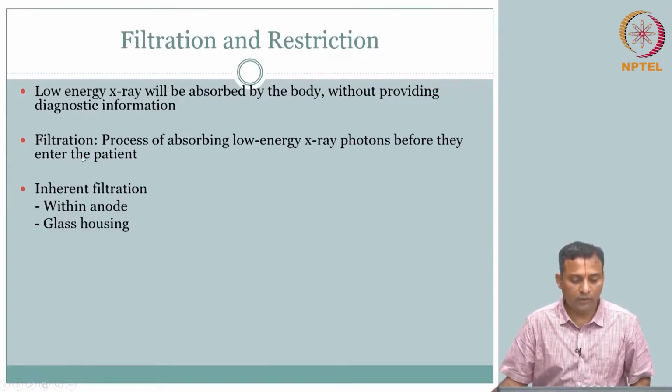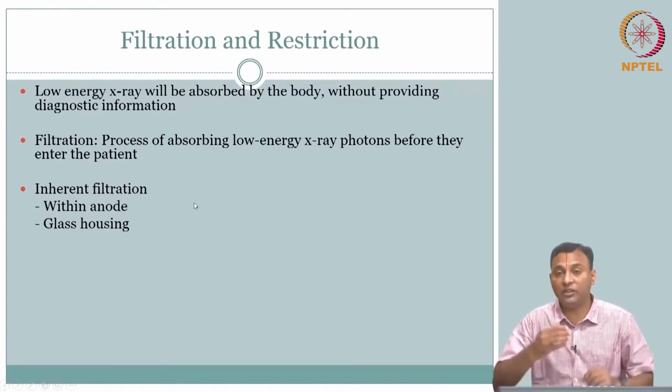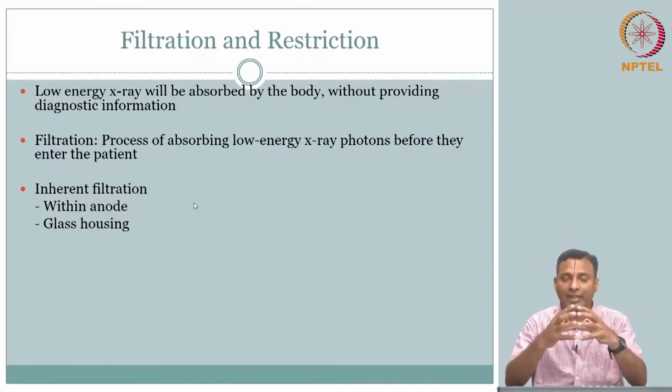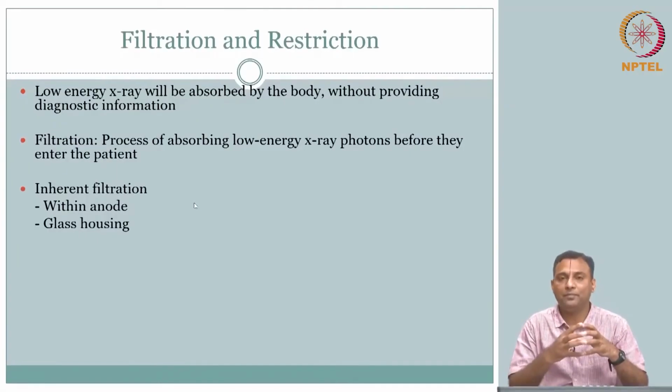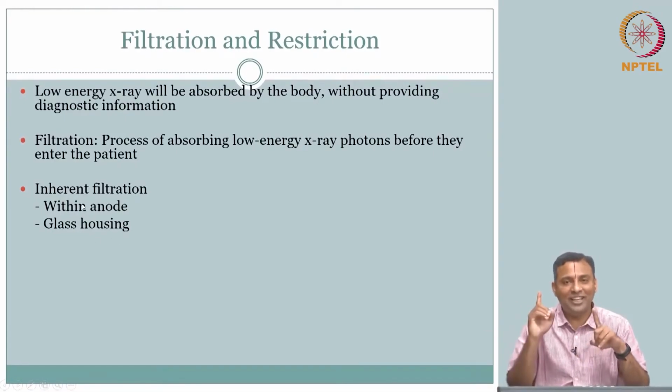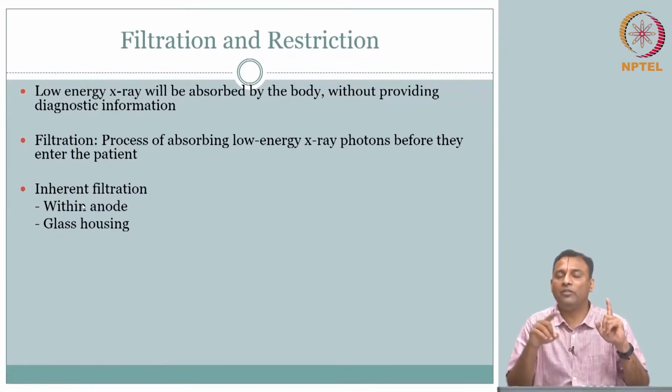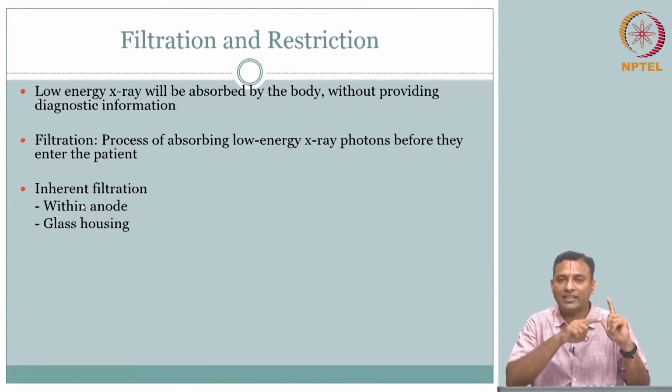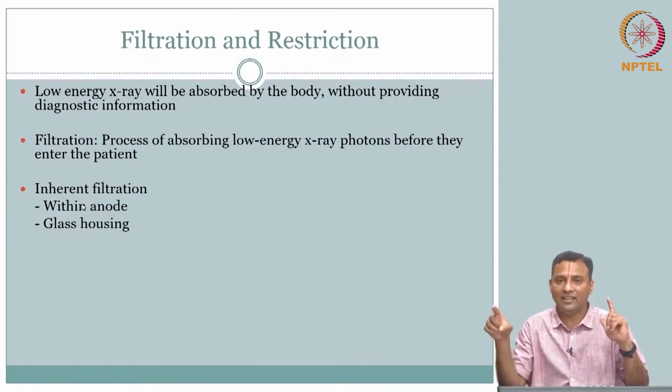Before we go into the specific filters, there is some inherent filtering also that is happening, that is the X-ray tube itself. That is within the anode and also the glass housing. Within the anode, we talked about it before. I will show the plot, you will vividly appreciate the shape of the plot. The X-ray spectrum that is coming is like a hill.